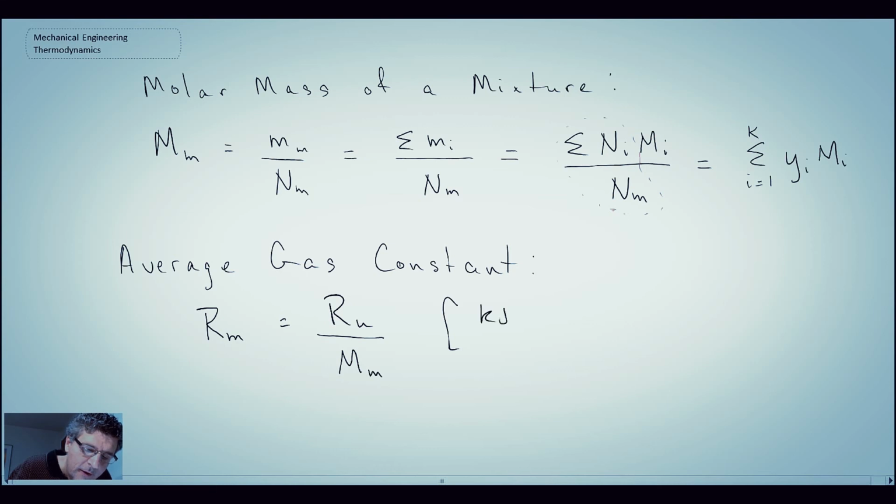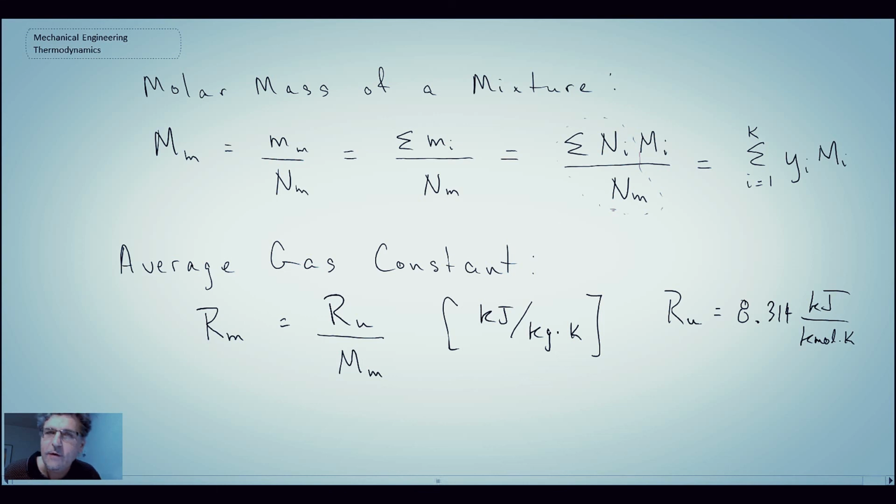The units here are going to be kilojoules per kilogram Kelvin. And the universal gas constant is 8.314 kilojoules per kilomole Kelvin. Sometimes there are different ways of representing the universal gas constant depending upon the units that you're using, but it's 8.314 if you're using kilojoules per kilomole Kelvin. So those are some things that we're going to be using.